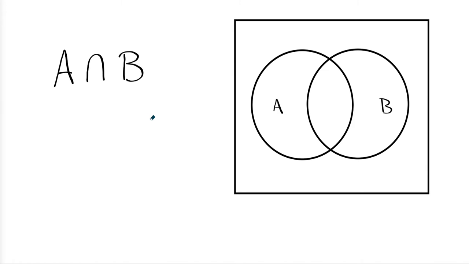Do you remember what the upside down U represents? Okay. So A is the circle on the left, B is the circle on the right. Correct. So intersection means what they have in common. On that picture, what's represented by what they have in common? Middle. Okay, good.